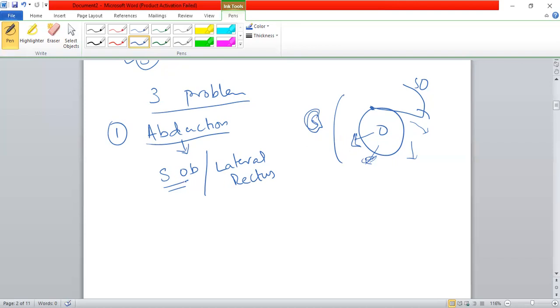But because the lateral rectus is more powerful, it will compensate for the abnormality of the superior oblique. There may be a slight problem with abduction, but the lateral rectus will compensate because it is normal.